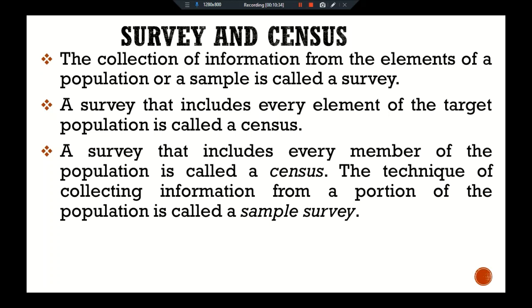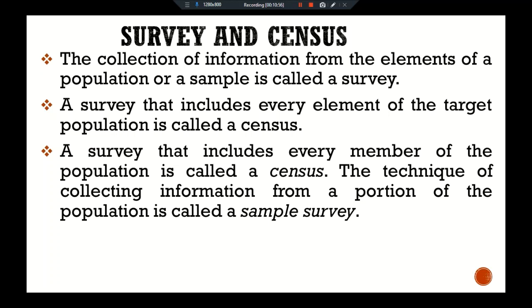It is important that the results obtained from a sample survey closely match the results that we obtain by conducting a census. Otherwise, any decision based on a sample survey will not apply to the corresponding population.